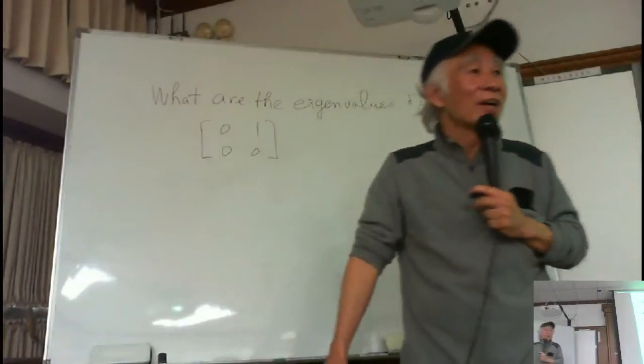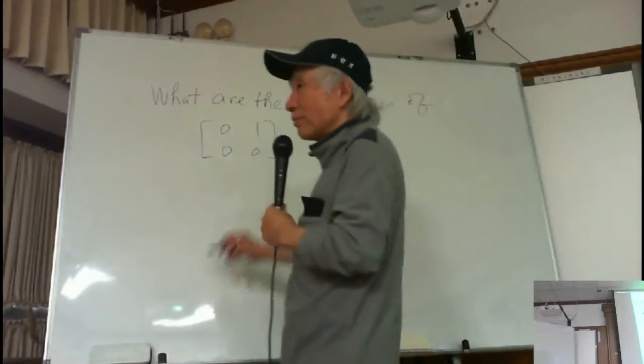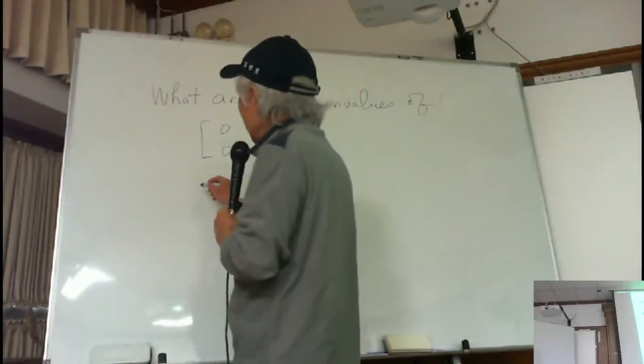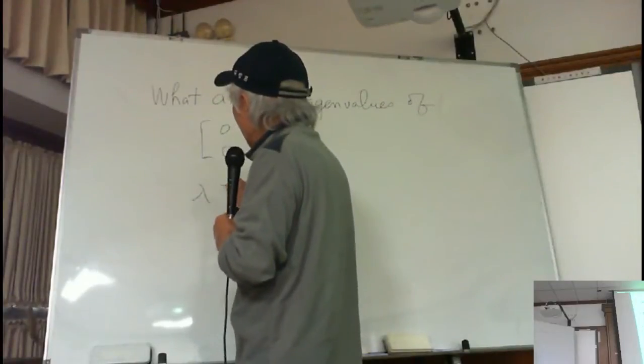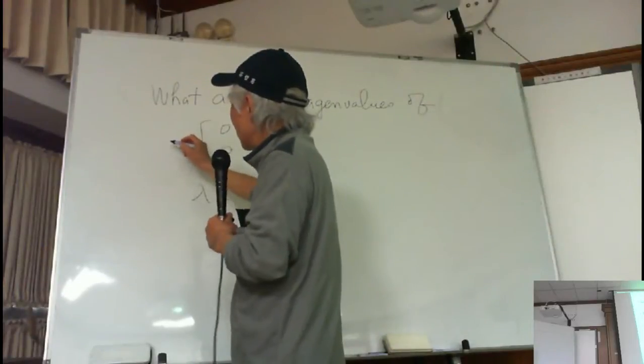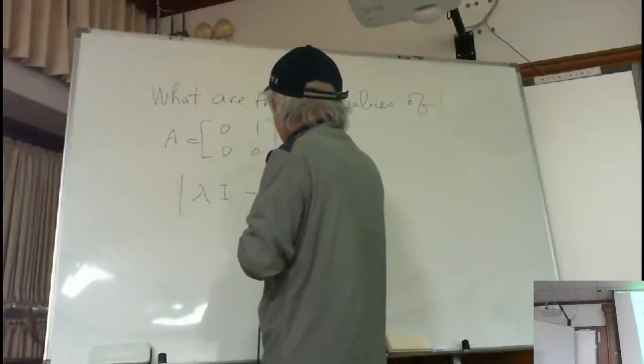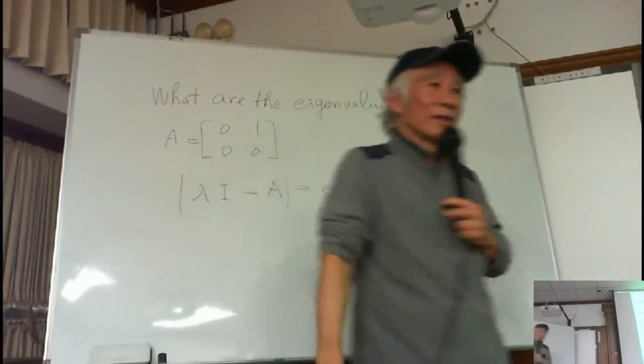How do you solve the eigenvalues? So that's supposed to be the determinant of lambda I minus A equals 0, where I call this matrix A, right? Agree?